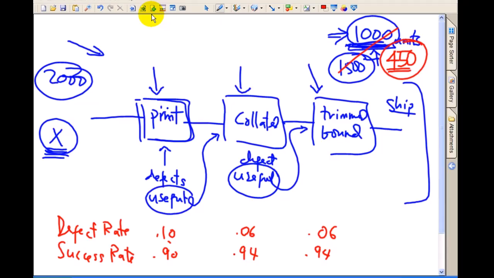How many should you start with? You know that you will not start with 450. You will start with something higher than 450 to allow for these scrap rates.